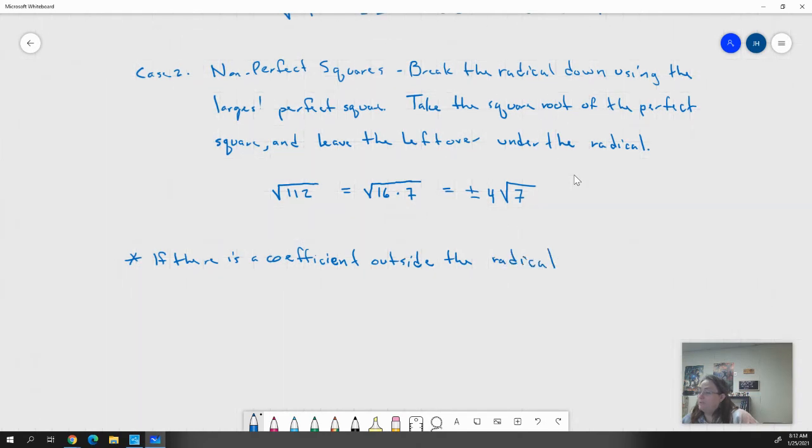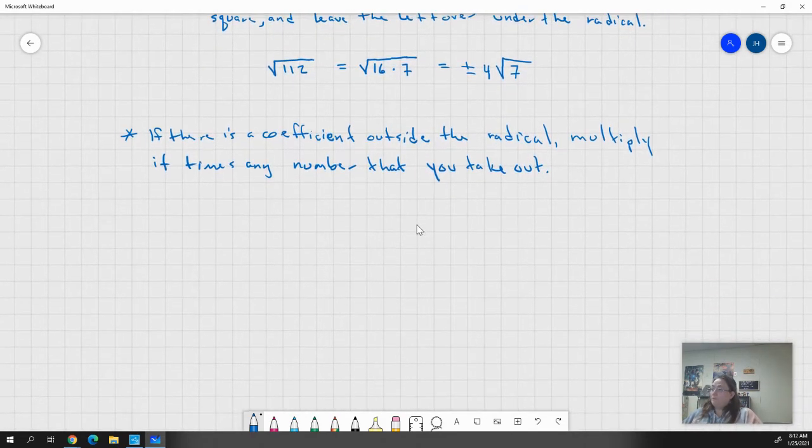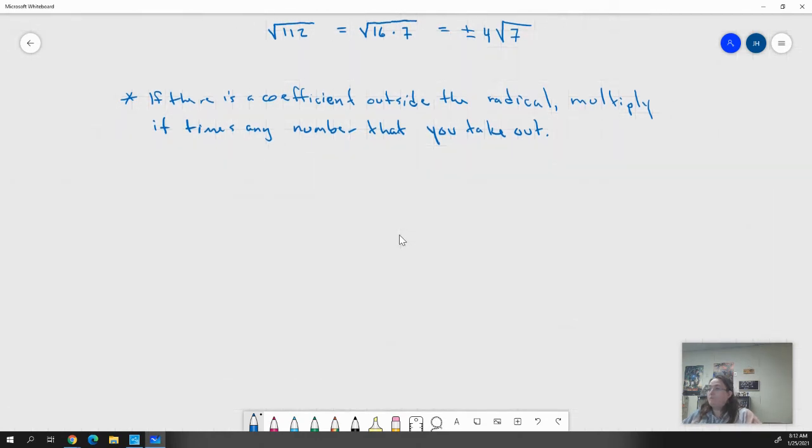If there's a coefficient outside the radical, you multiply it times any number you take out. So let's just do some examples, because that's usually the best way to learn it.